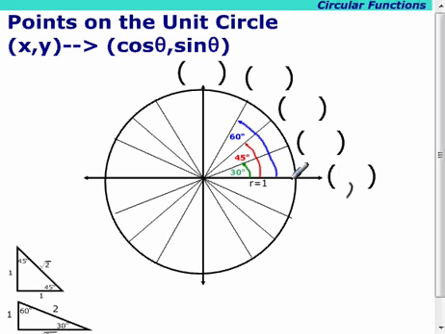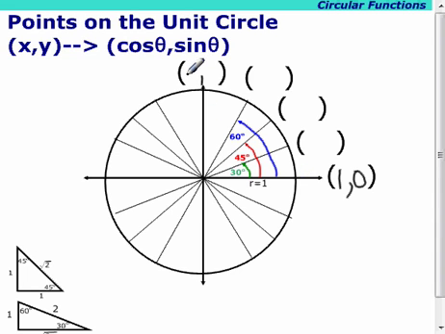This, of course, is our initial arm, and if I call it also my terminal arm, the angle measurement would be 0. If I ask for what the cos of 0 is, you'll find that it comes out to 1. If I find what the sine of 0 is, you'll see that it is 0. And that's my point. While we're on those ones that are right on the axes, let's do this one up here too.